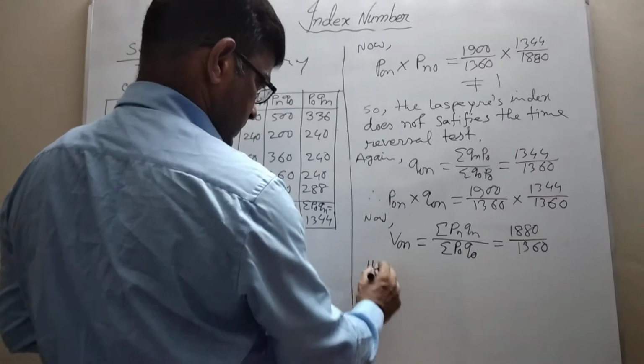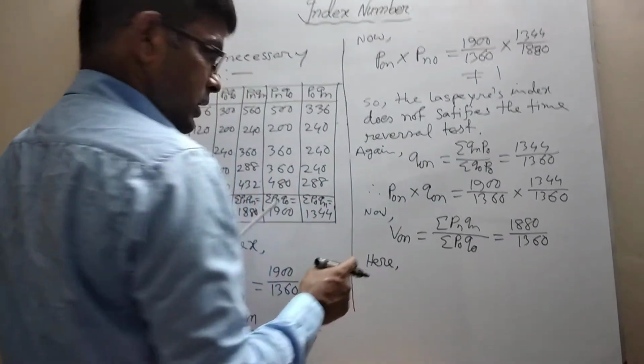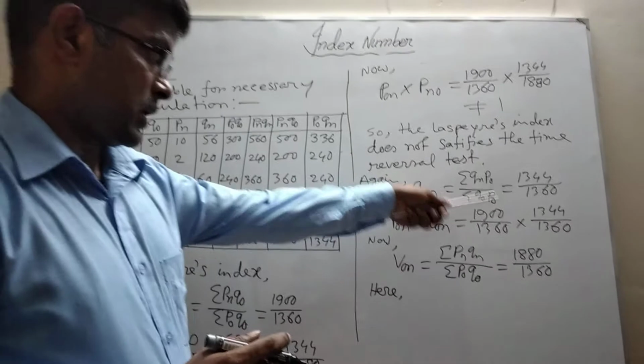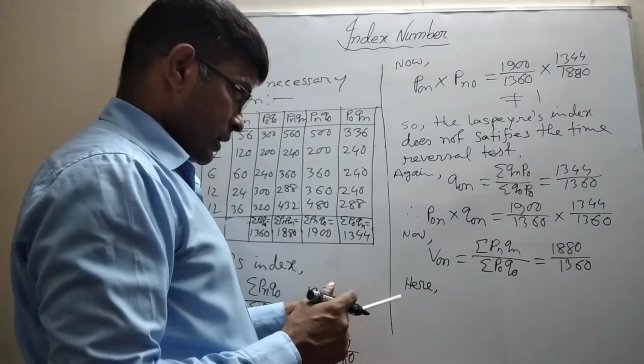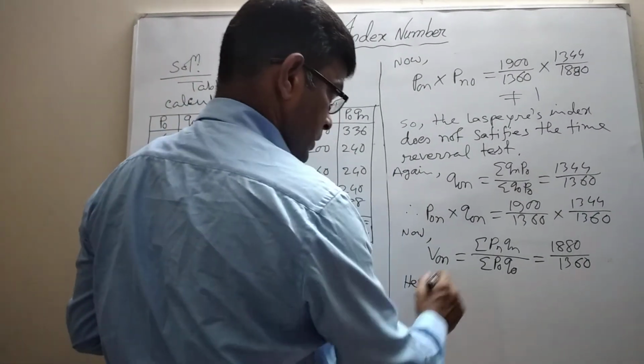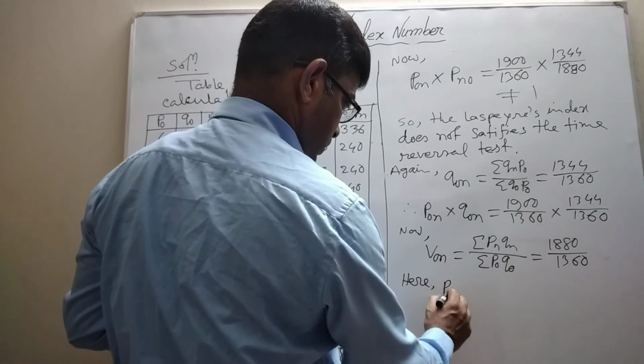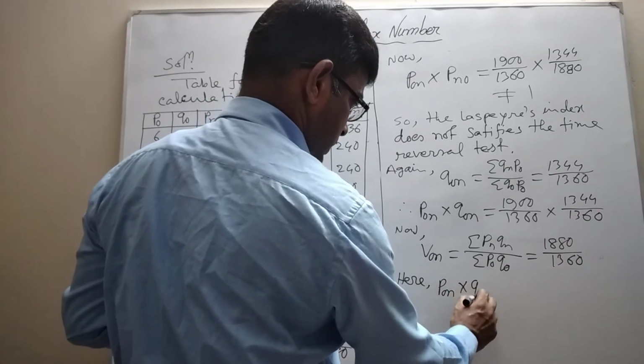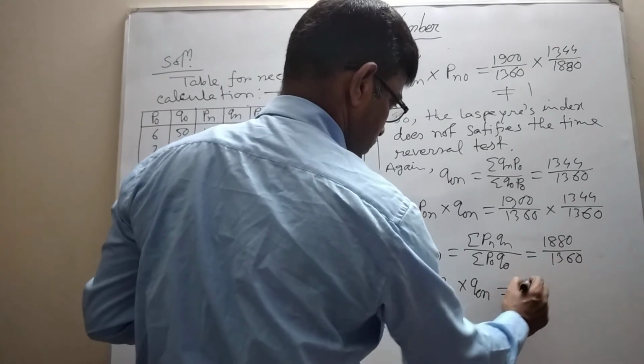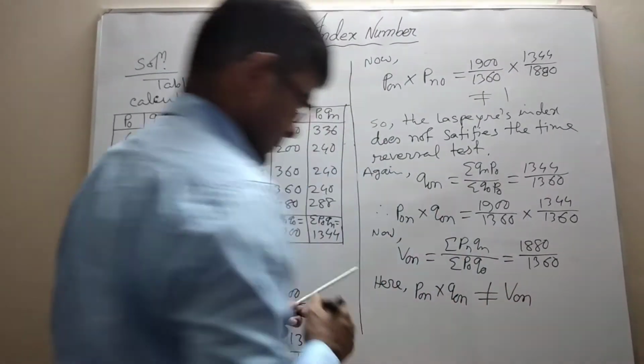Here, dear students, you can solve this. Now we can write P01 multiplied by Q01 not equal to V01.